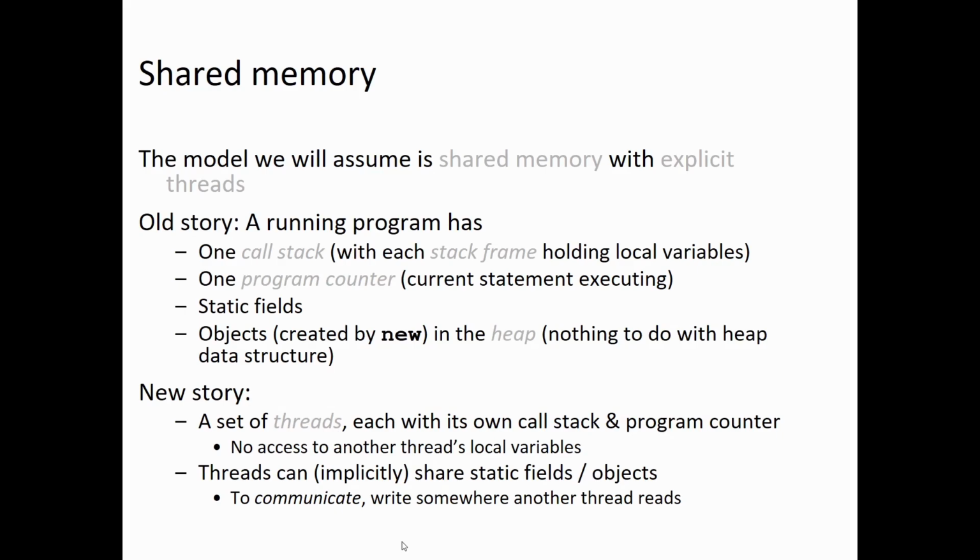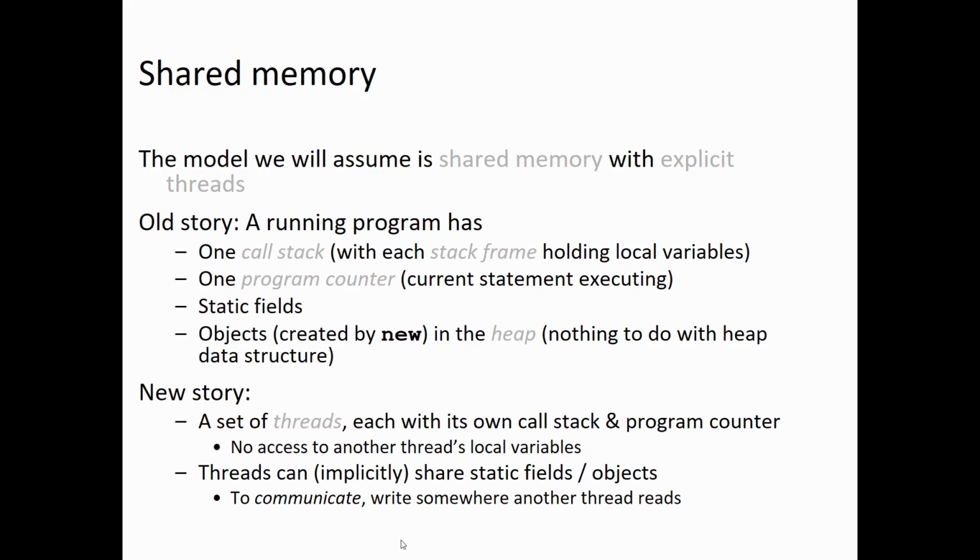So how do we communicate? How is the communication between threads realized? By reading and writing data, into static fields and into objects. One thread could change some attribute of an object and the other thread could read it.